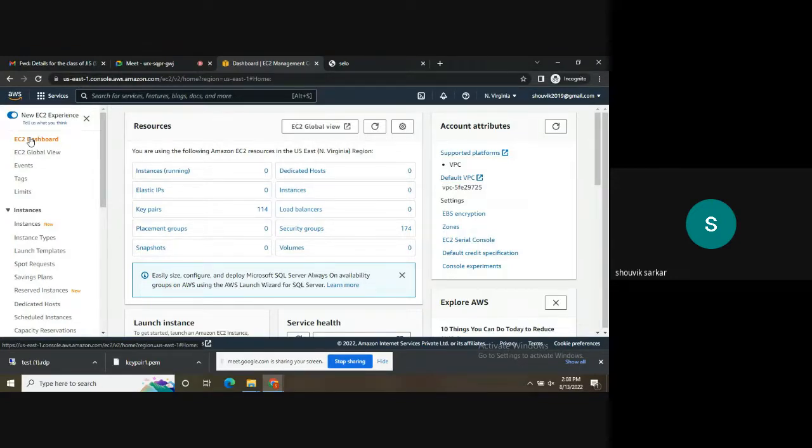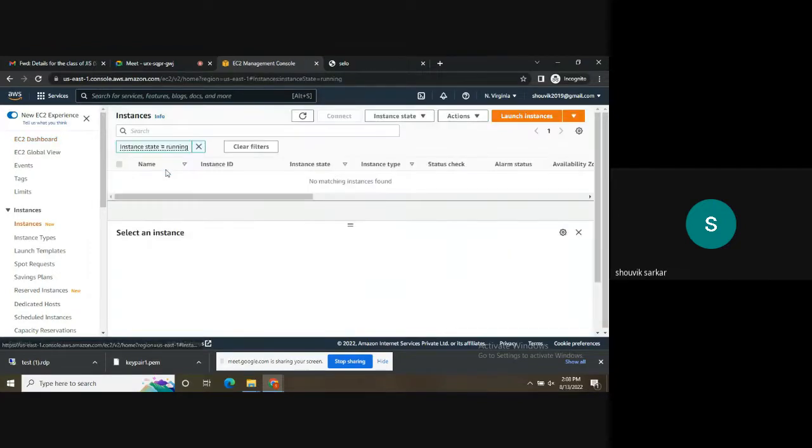So this instance creation process is exactly the same as previous, but this time we are going to install a different instance.